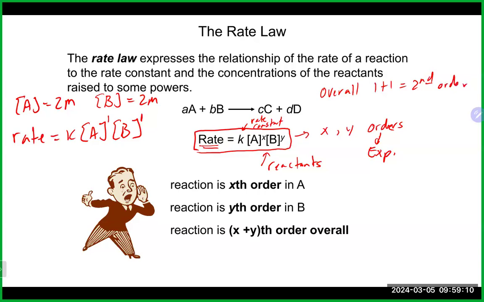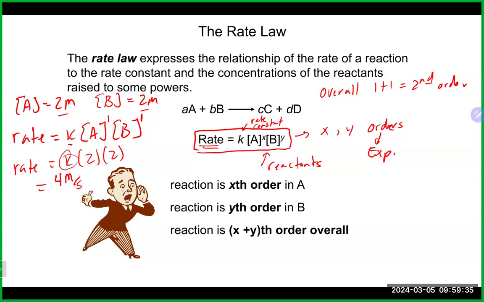So let's say we did this reaction and we threw our concentrations into this rate law. Since K is a constant, it doesn't really matter too much. So we would have the rate equals K times 2 times 2, which will essentially give us something like 4 molar per second.